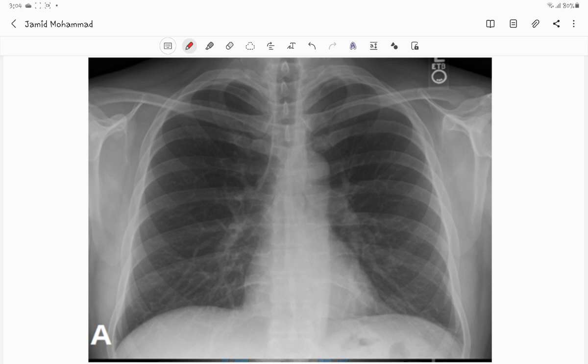and properly. And if you can see here, there is an alphabet A written on the left hand side corner of this image. This represents that this is the anterior view of the chest of a patient.